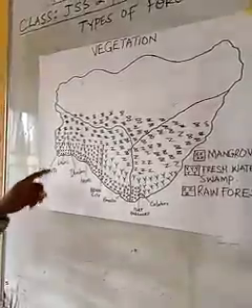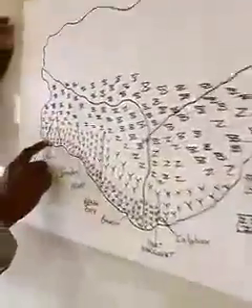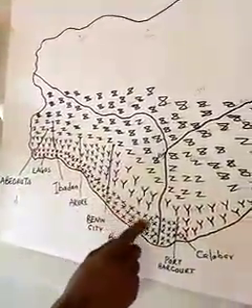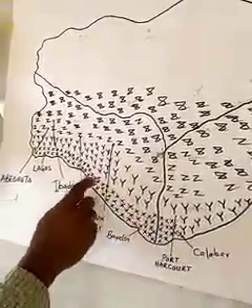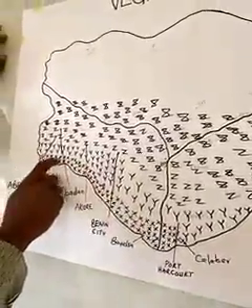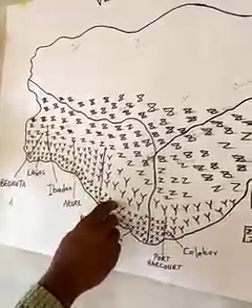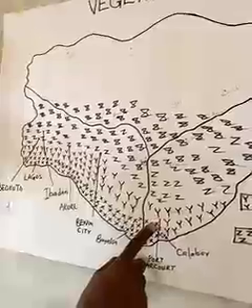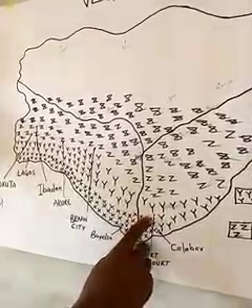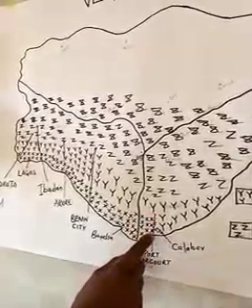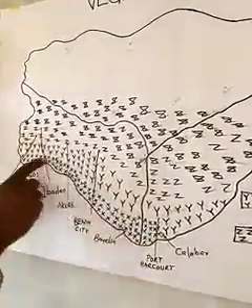And when you look at this map, this letter X that you are seeing here, this marks the area where mangrove forest can be sighted.